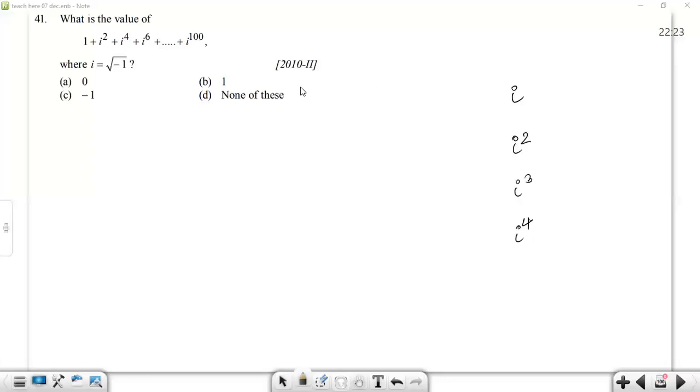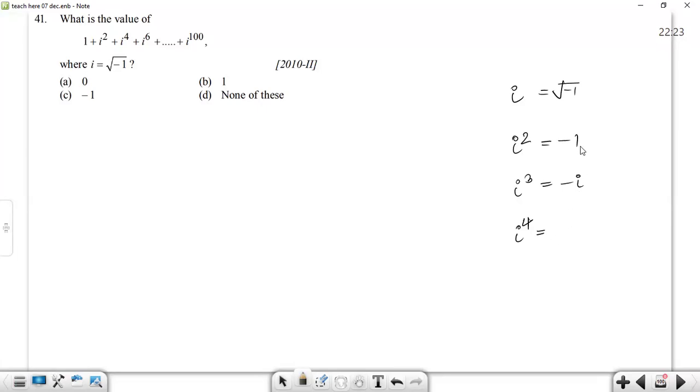What is iota? Are you sleeping, guys? Iota is root minus 1, sir. What is iota square then? It is minus 1.